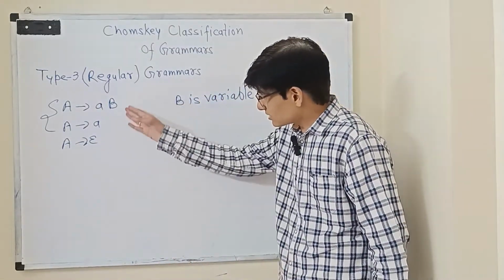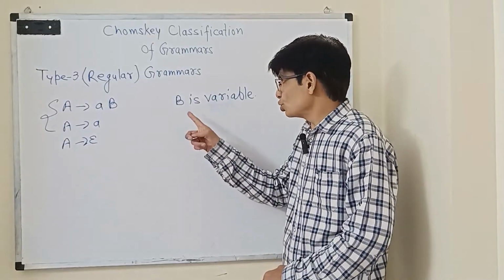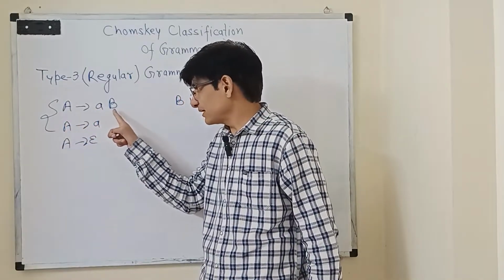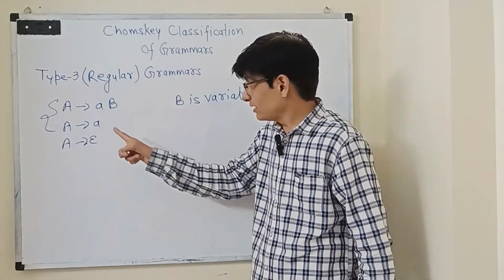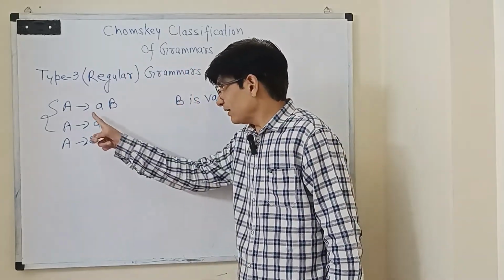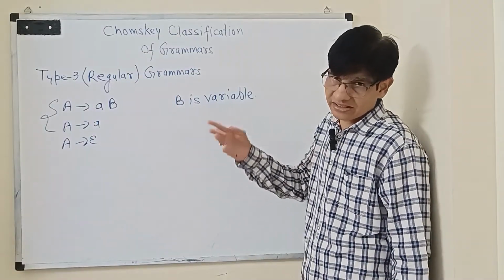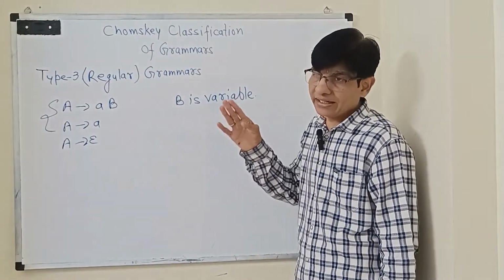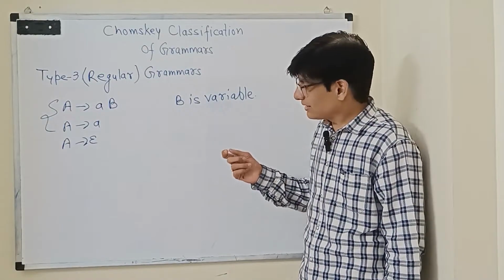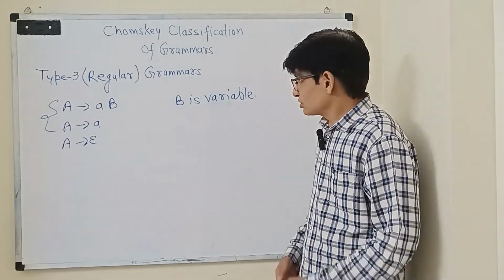So only these kinds of productions are allowed in regular grammar, where the left hand side has only one variable, and the right hand side has one variable at the rightmost place, with every right hand side starting from a terminal. And in case epsilon is a valid string for this grammar, then A gives epsilon you can use as a production.